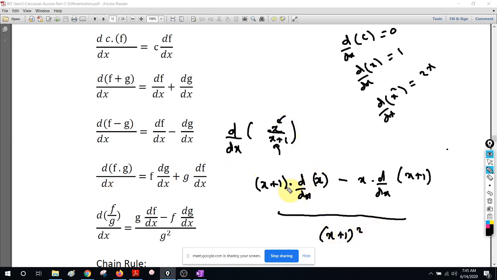Now I know that d by dx of x is 1, so I am writing x plus 1 into 1, minus x times, now this is x plus 1, so that means f plus g, because there are two functions, x and 1.